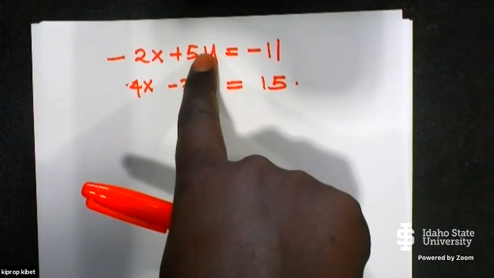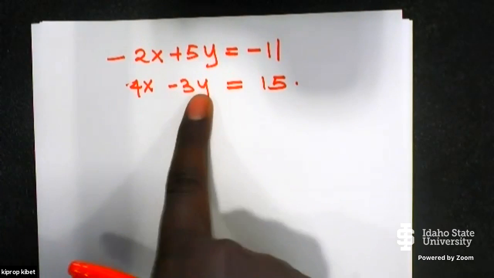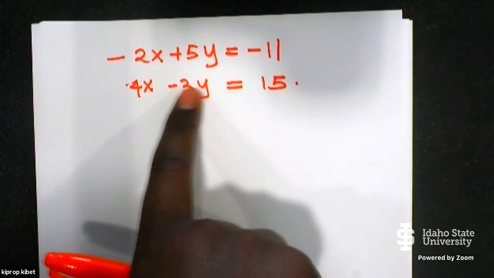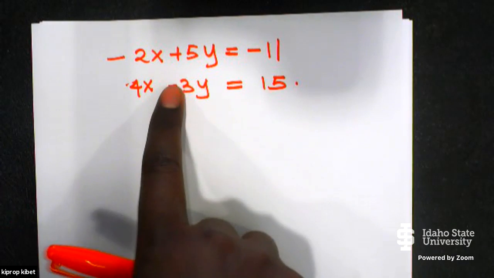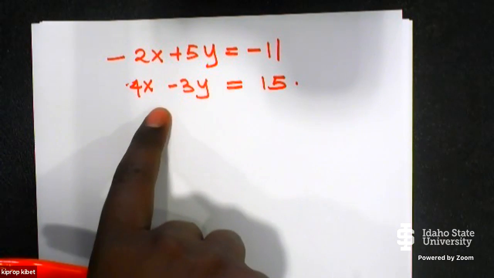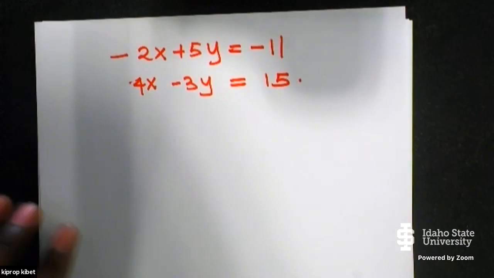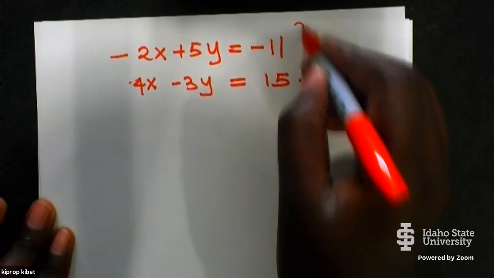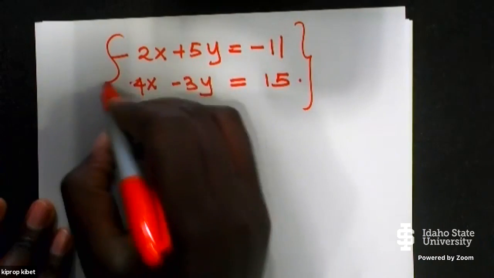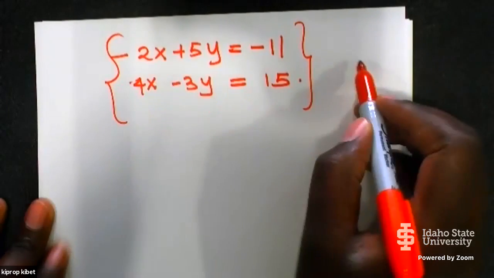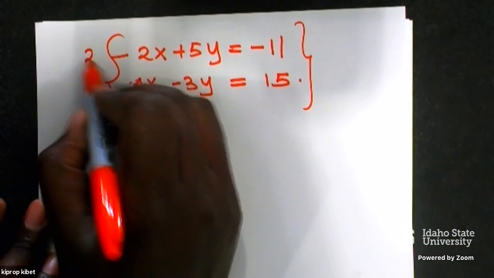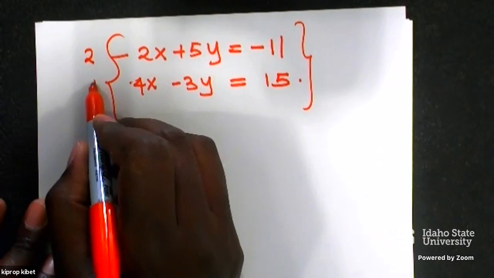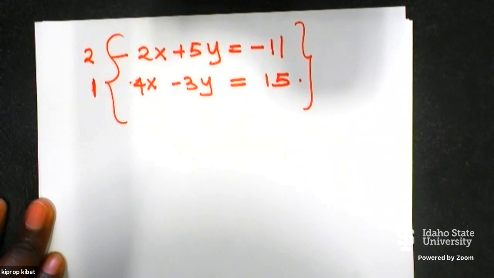Then you have 5 and 3 there. From the look of things, it's easy to eliminate x, right? So to eliminate x, you multiply the first linear equation by 2, and then you multiply the second one by 1.